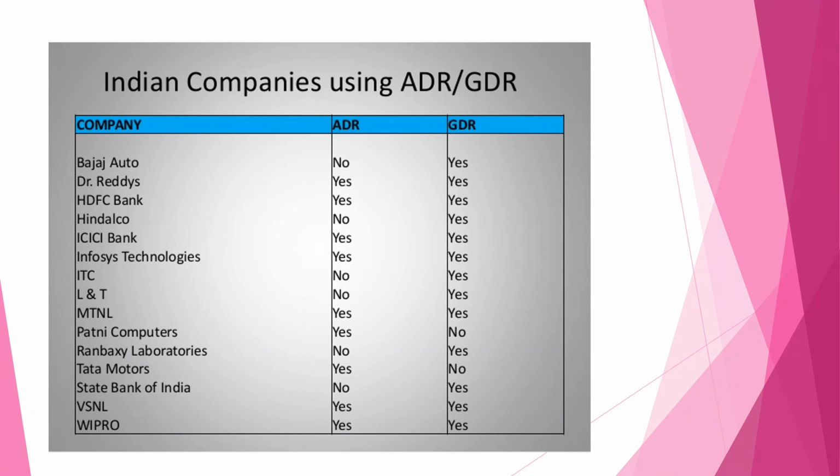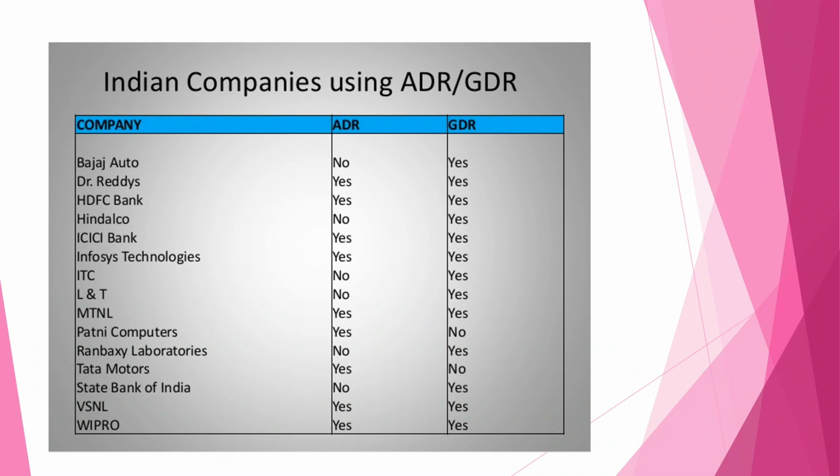Infosys Technology has issued both ADR and GDR. ITC also has issued only GDRs. L&T has not issued American Depository Receipt but has issued Global Depository Receipt. MTNL, the telephone company, has issued both ADR and GDR.